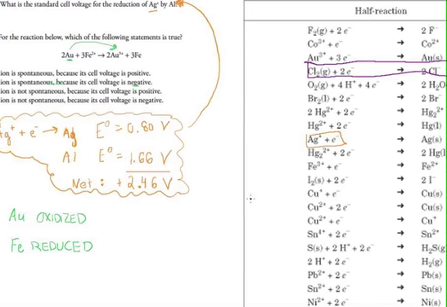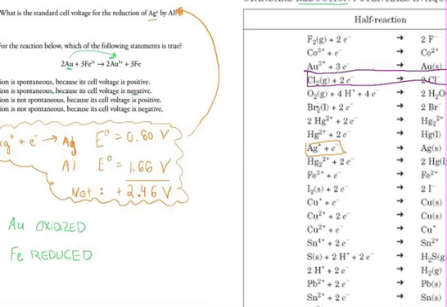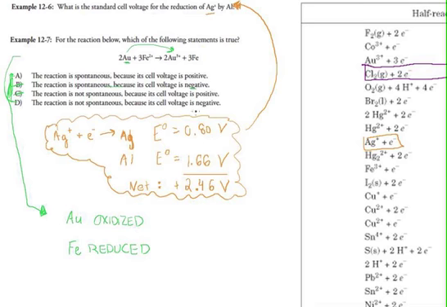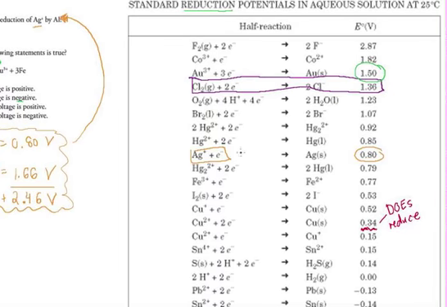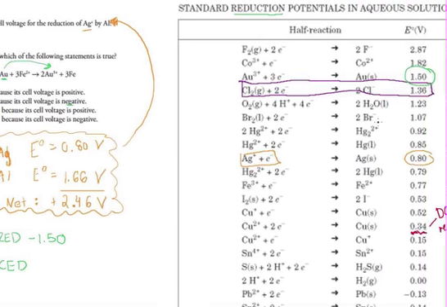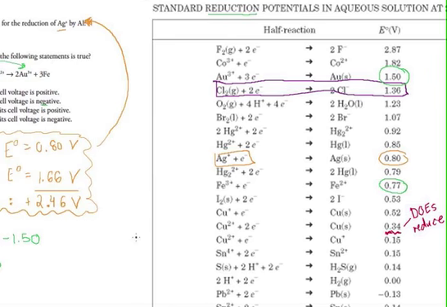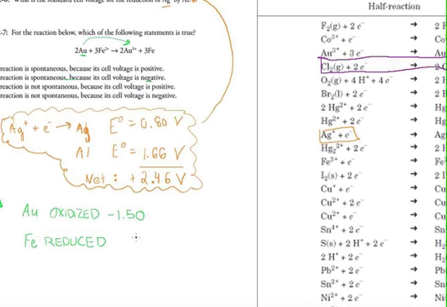So if we look over here, the reduction of Au is 1.50. So that would mean oxidized, it would be the opposite charge, so it'd be negative 1.5. Okay, so the reduction potential of iron, here we go, is 0.77, is what it looks like to me.